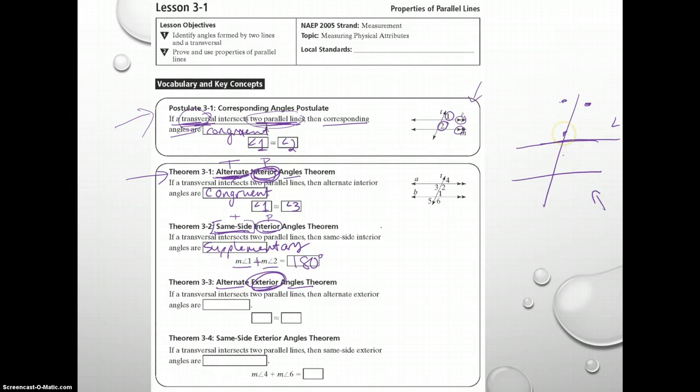So if I start with this angle highlighted, I have to go to the alternate side of the transversal, and I have to be on the outside of the parallel lines. So these would be your alternate exterior angles, and those are congruent. And in the diagram, you've got angle 4 with angle 5.